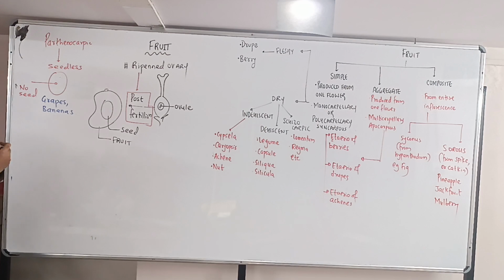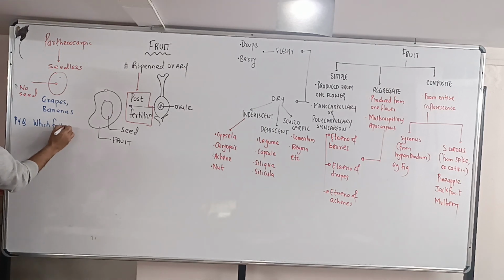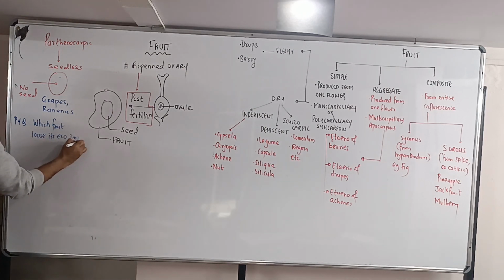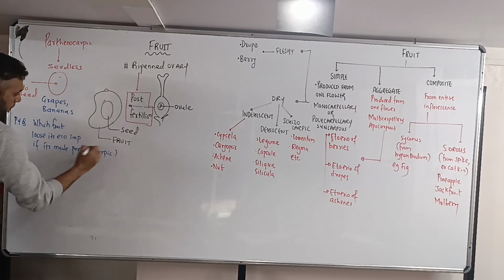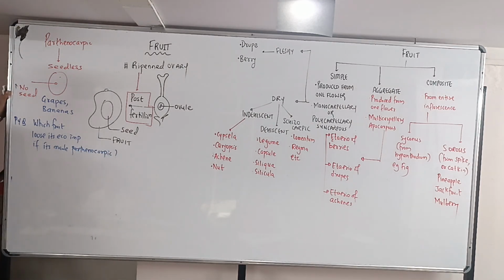Once a PYQ was, which fruit will lose its economic importance if it's made parthenocarpic? What was the question? Which fruit will lose its economic importance, value in the market, if it is made what?